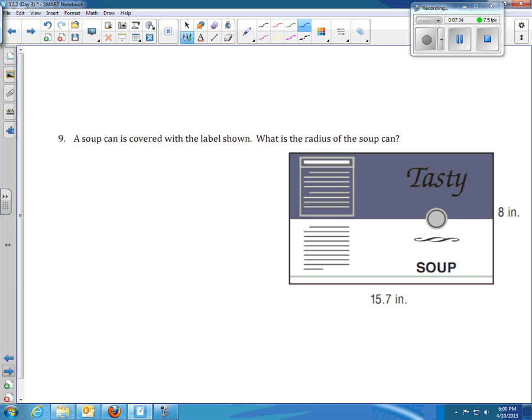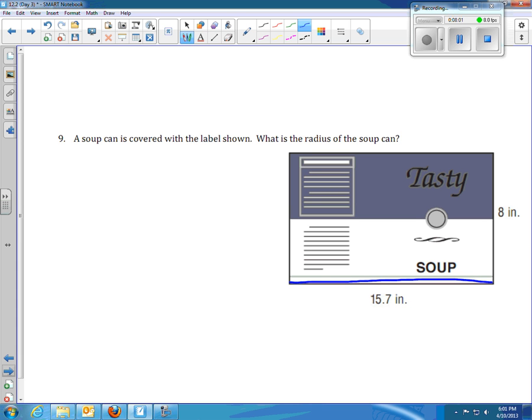And our last problem, it says a soup can is covered with the label shown. What is the radius of the soup can? All right, so this here gives us our bottom here, which ends up being our perimeter, and it wraps around our soup can, which is a circle.